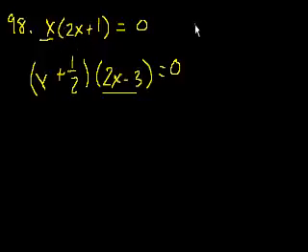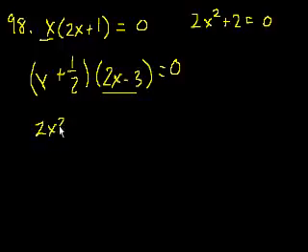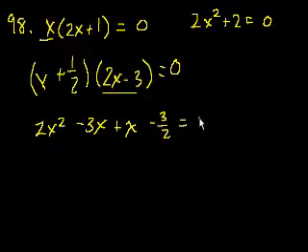If I multiply these out, I get x times 2x, which is 2x squared, x times minus 3, minus 3x, 1/2 times 2x, so it's plus x, and then 1/2 times minus 3, minus 3/2 is equal to 0.